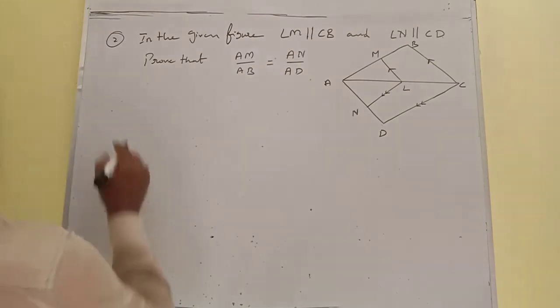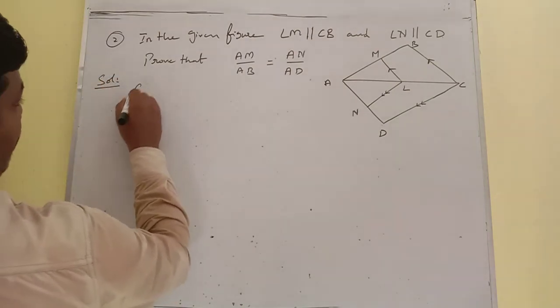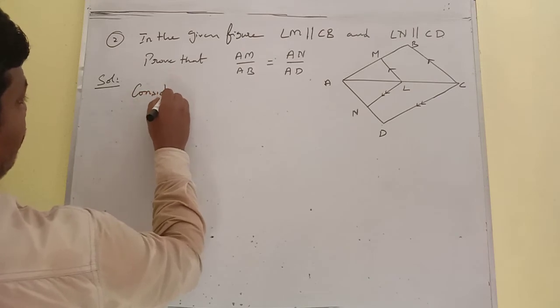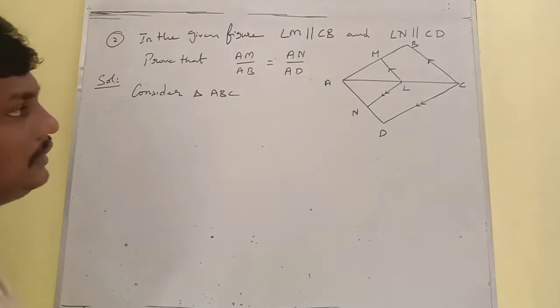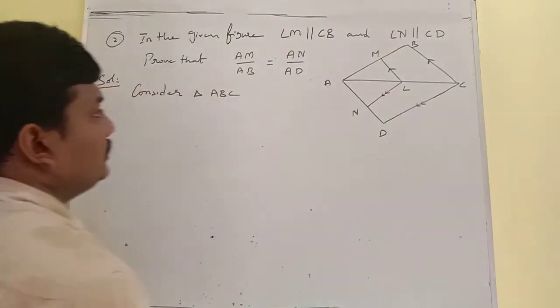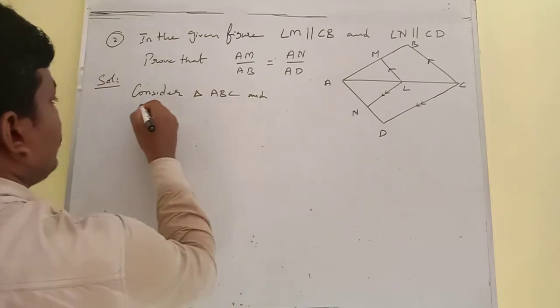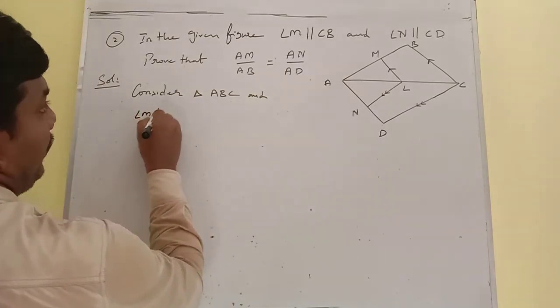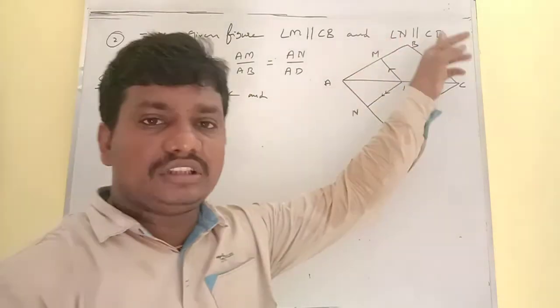Now, first solution for this: consider triangle ABC, the top triangle we have to consider first, and LM is parallel to CD.